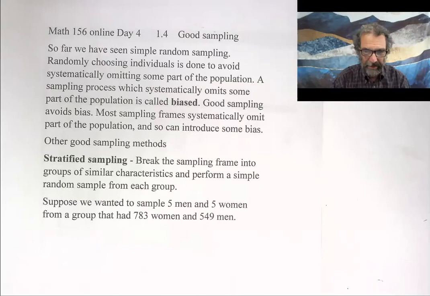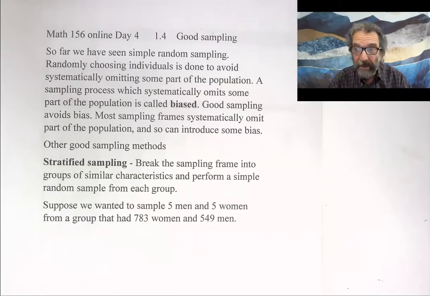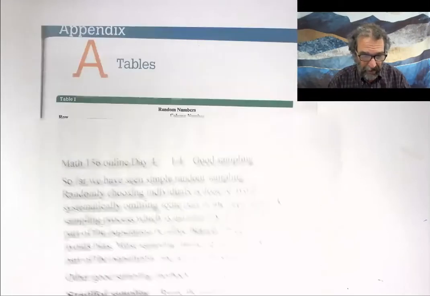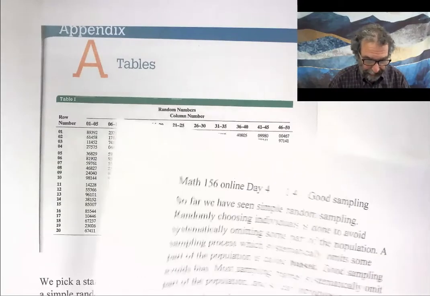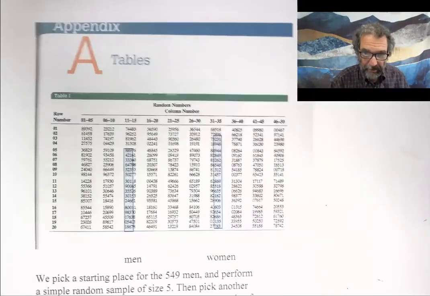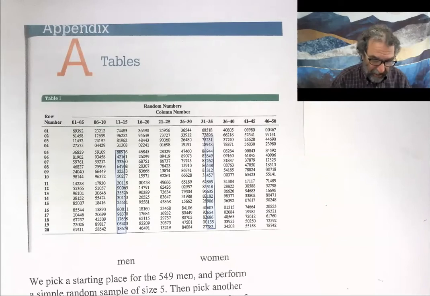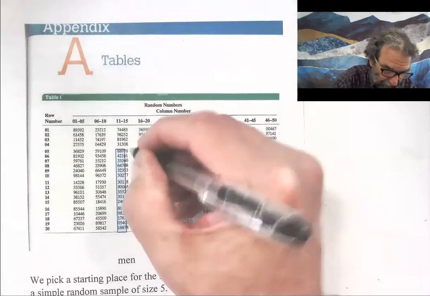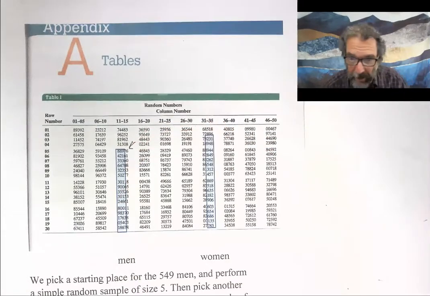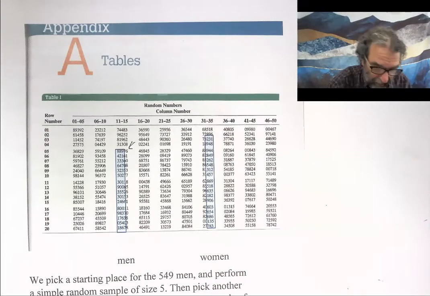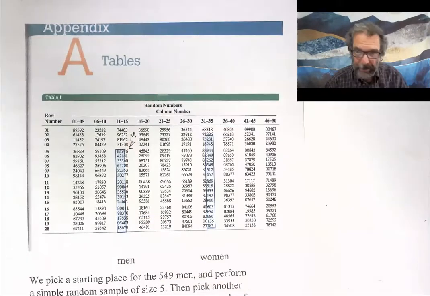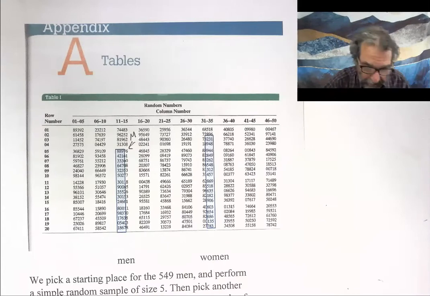Well, here they're luckily big numbers. That'll help us out. Then we go over to the random number table. Here it is. We pick a starting place for the men, I just picked this place here. And we picked a different starting place for women, I just picked this place here.